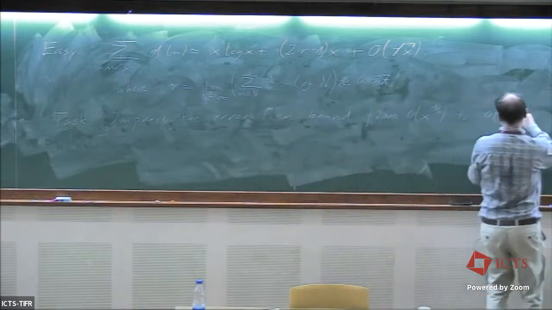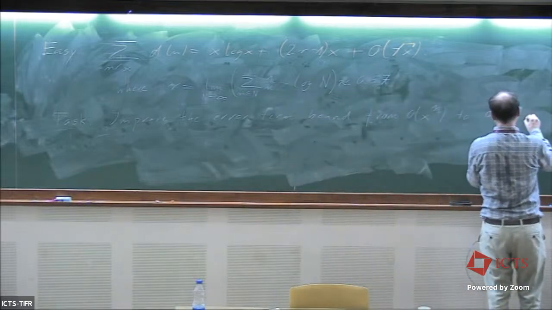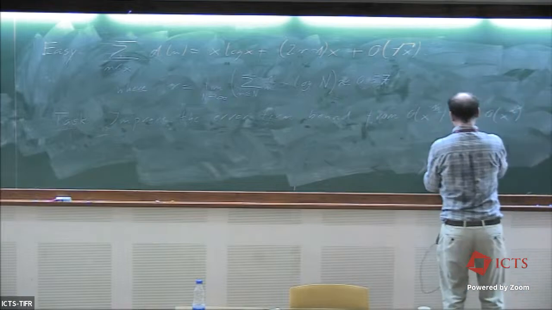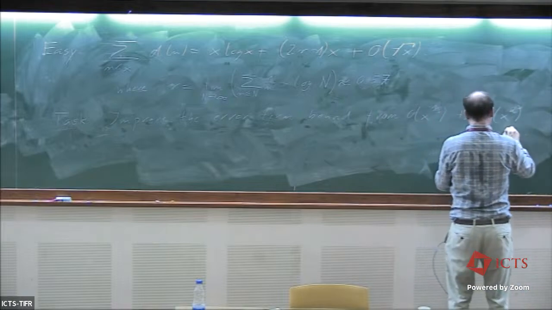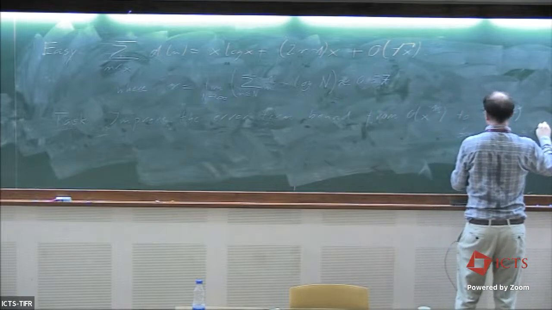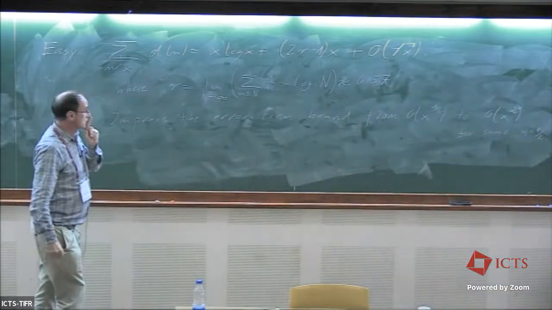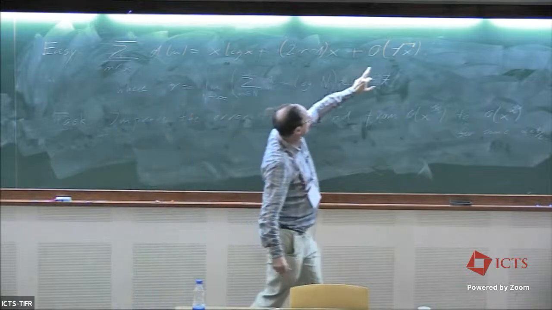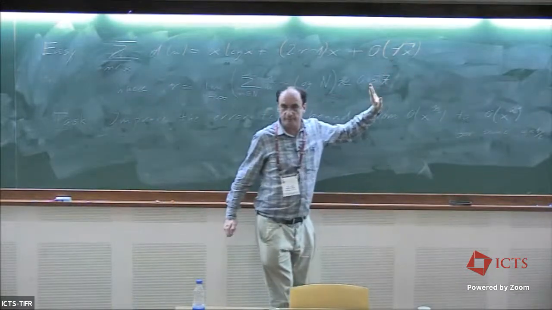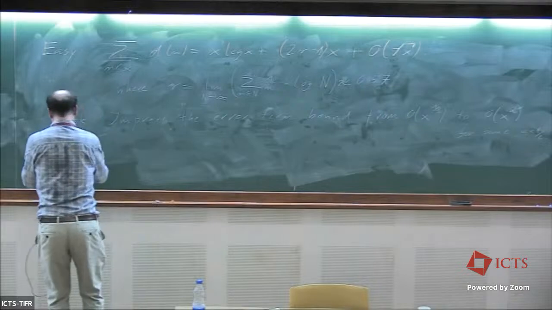Let's call the exponent alpha also. So what is the conjecture actually? The conjecture is that this should hold with x to the 1/4 plus epsilon.